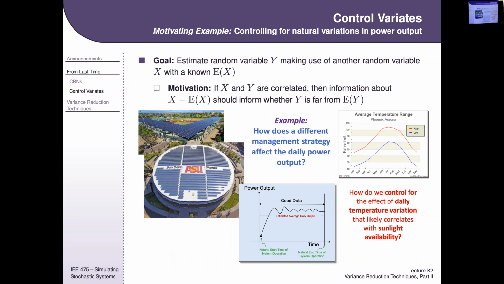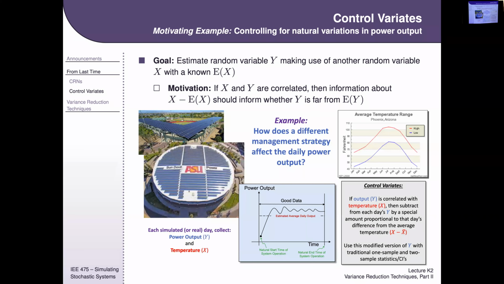And so if I know the temperature is going up, the sunlight's probably going up, which means the power generation is probably also going up. So if I'm running a simulation of this power system, and I'm interested in knowing how different ways of running the power system affect power output, then I might want to increase my statistical power on power output, and I can use the known information about temperature to do that.